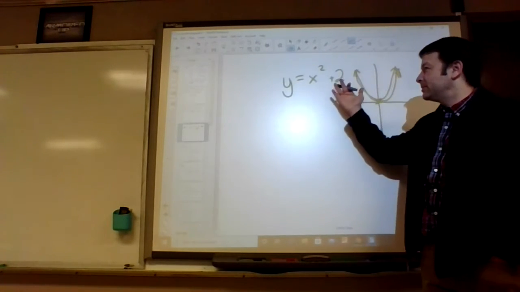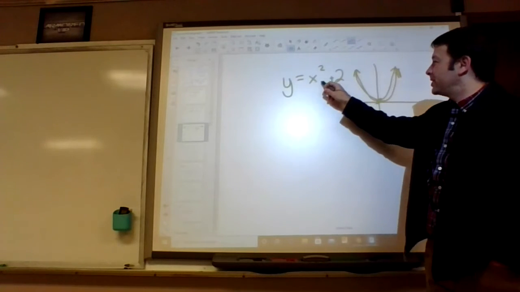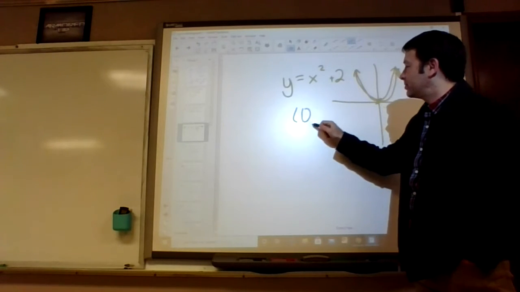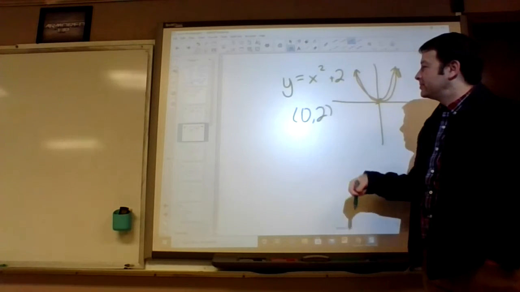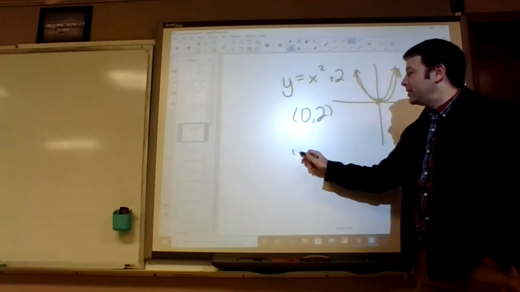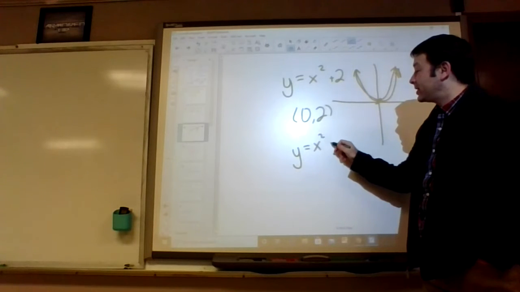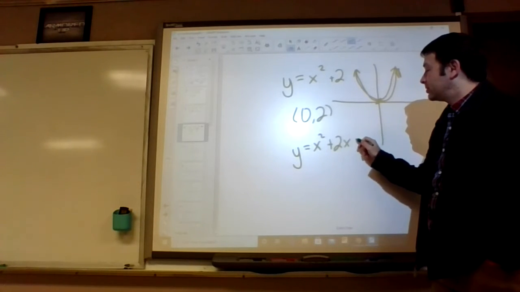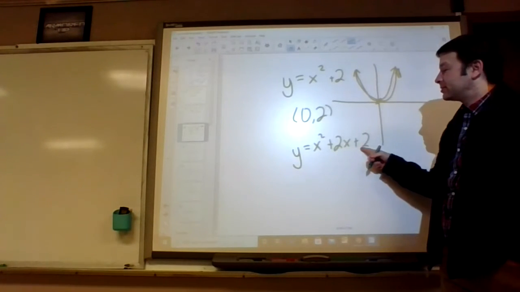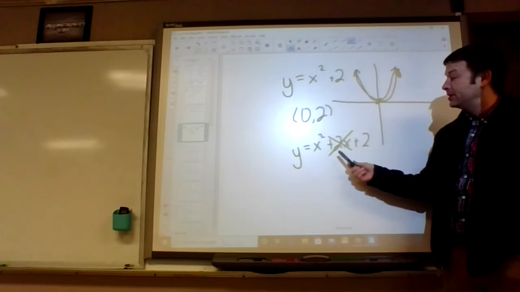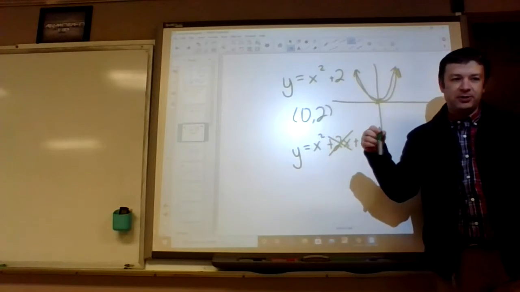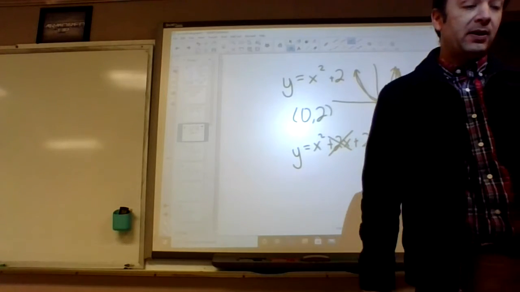So for this vertex, it would be at 0, 2 for this one, not that one. Now, if you make it more complicated, like throw in the 2x, that gets a little trickier. But they didn't do that on this part because we haven't learned it yet. So it's just going to be like 0, 2 or something like that.